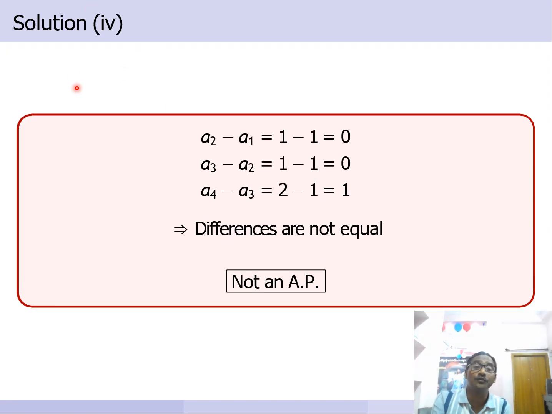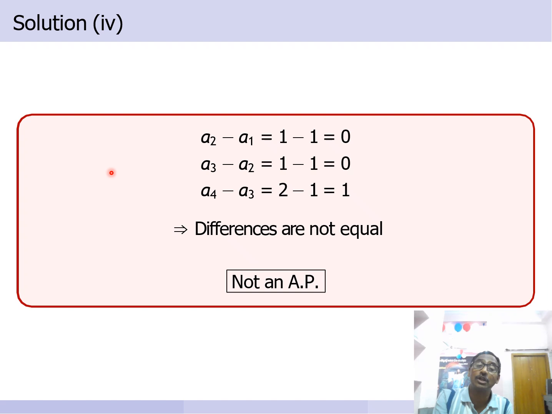Next, coming to solution 4, a2 minus a1 that is 1 minus 1 equal to 0, a3 minus a2, 1 minus 1 equal to 0, a4 minus a3 you got 2 minus 1, 1. So here 0 you got, okay, fixed number, these two are fixed, but this is different. In this case also you have to say this is not an arithmetic progression. That's why for the given numbers you are finding the difference of consecutive terms: a2 minus a1, a3 minus a2, after that a4 minus a3.